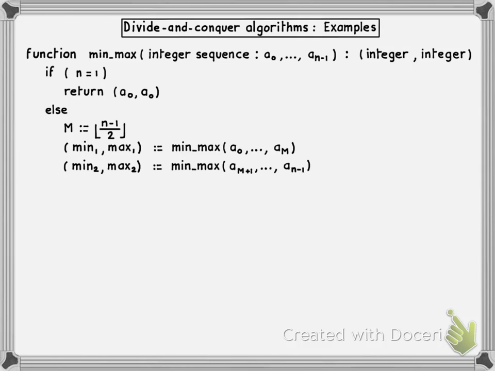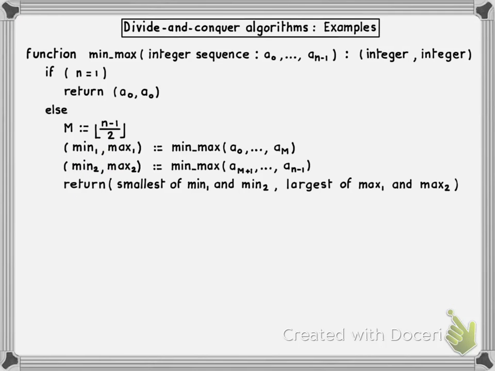Now, how do we solve the original problem? Well, what is the minimum term in the whole sequence? Well, it's basically either in the first half or in the second half of the sequence, and therefore all we have to do to find the overall minimum is to take the smallest of these two elements.